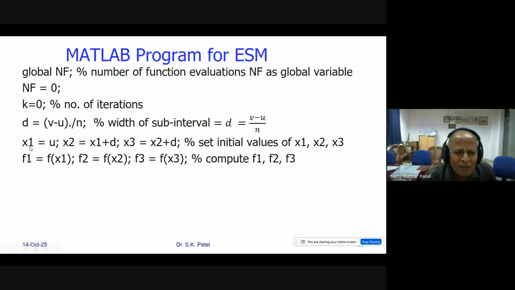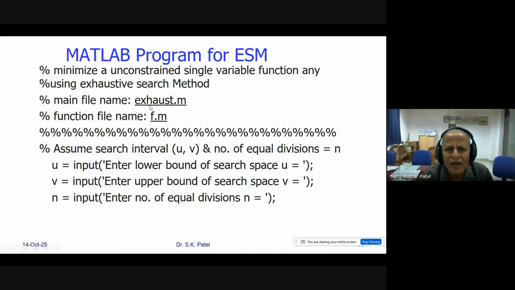Okay. Then here you write f of x1. So here we are sending control to a subroutine f.m. For the main program, the file name we have given is adjust.m, that is the main file name.